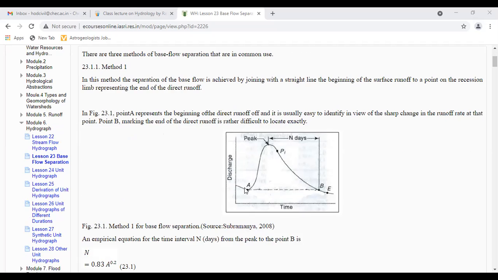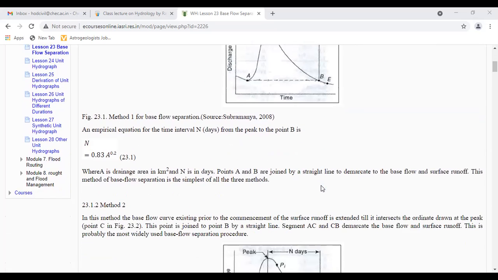Point A represents the beginning of the direct runoff, and it's usually easy to identify in view of the sharp change in the runoff rate at that point. And point B, marking the end of the direct runoff, is rather difficult to locate exactly.